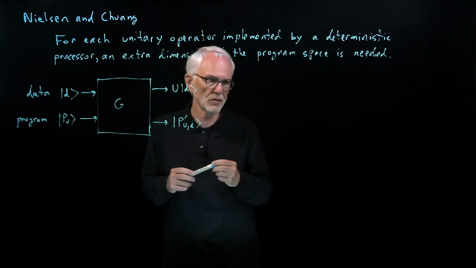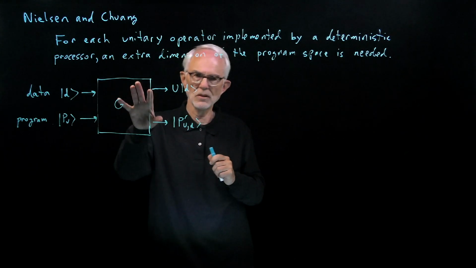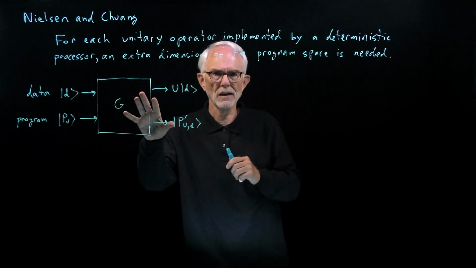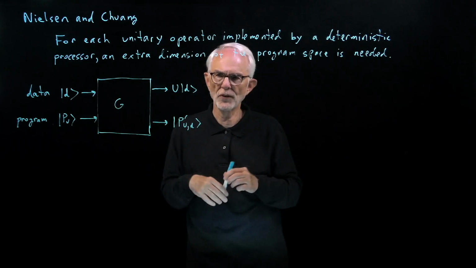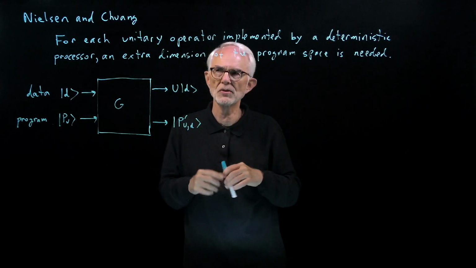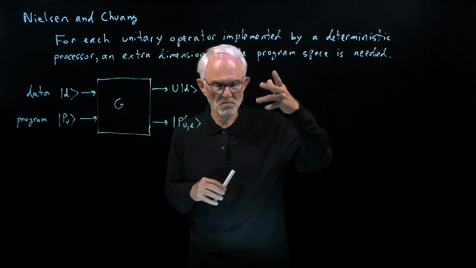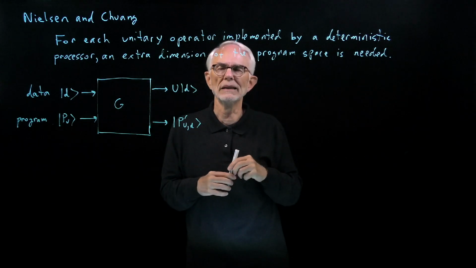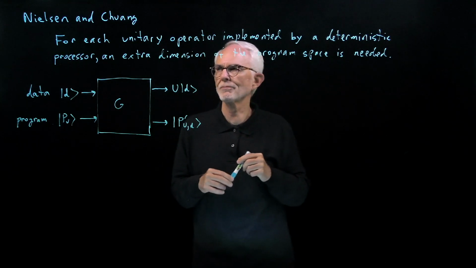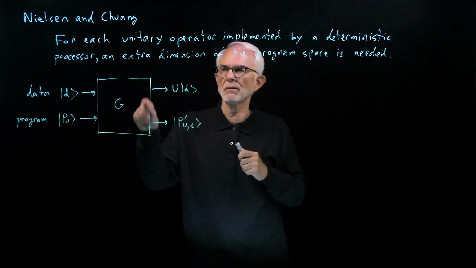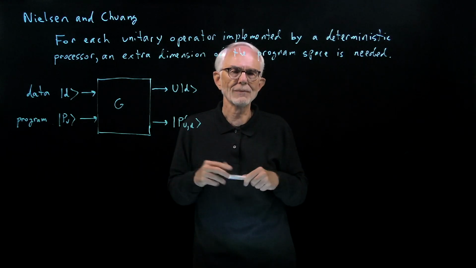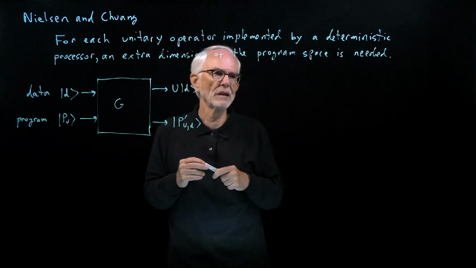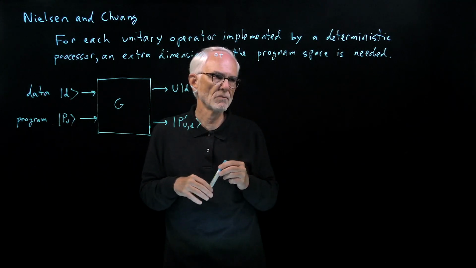So let me state the theorem first, and then I'll discuss the basic setup, and then we'll go ahead and prove the theorem. I'll write down 2 other statements that are sort of lemmas, if you want, and then use those to prove the theorem. For each unitary operator implemented by a deterministic processor, an extra dimension of the program space is needed.